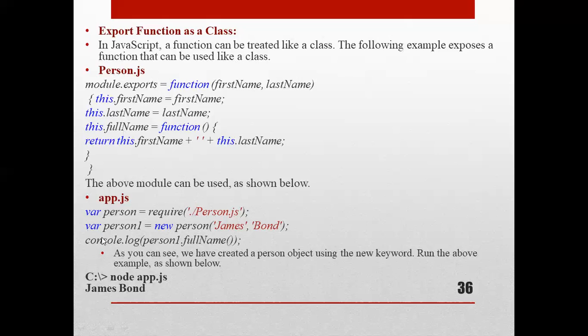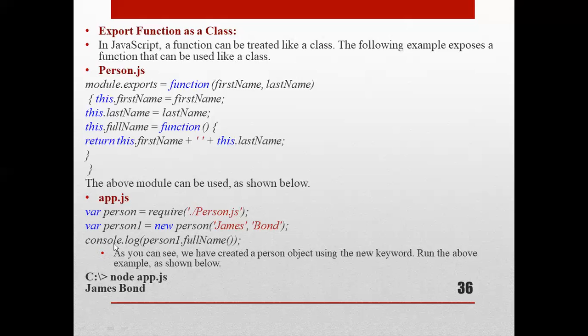Then another variable, person1, equals new Person. Here we create an object using the new keyword, and we pass the values to that object, like James and Bond, first name and last name.